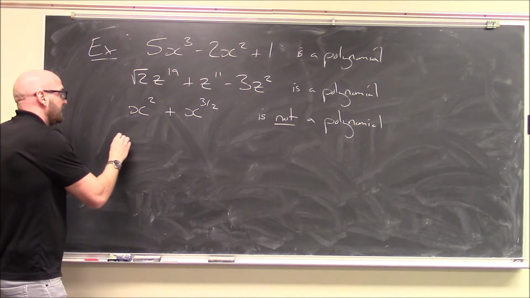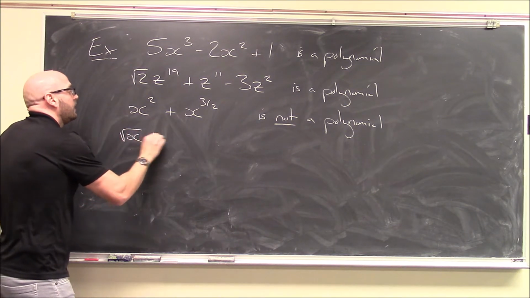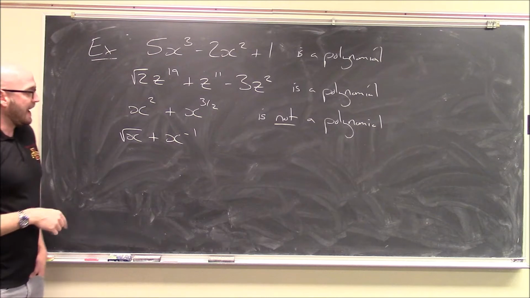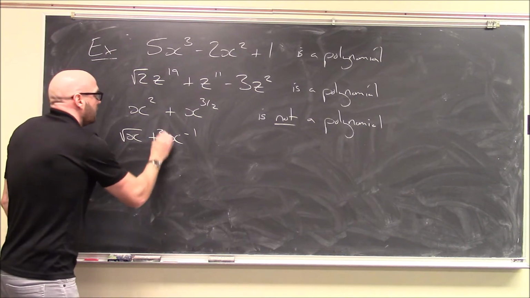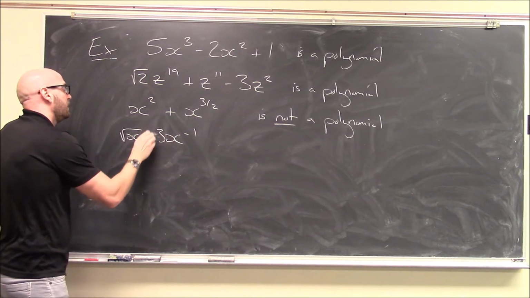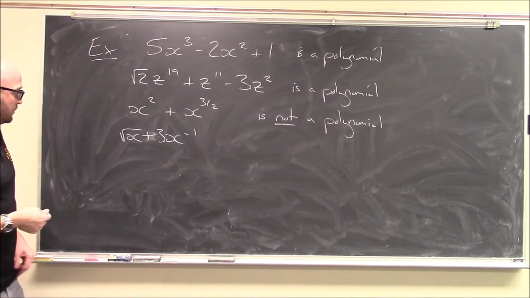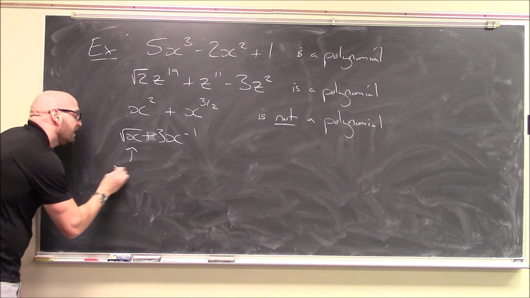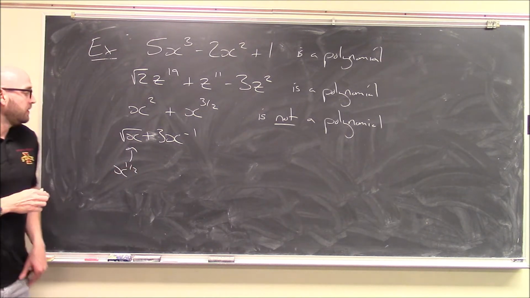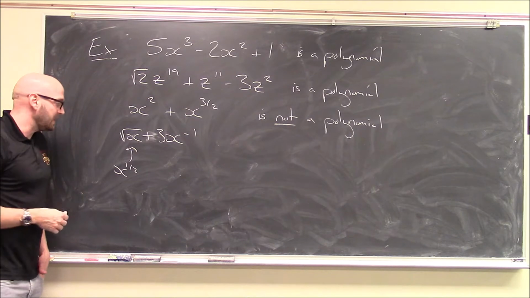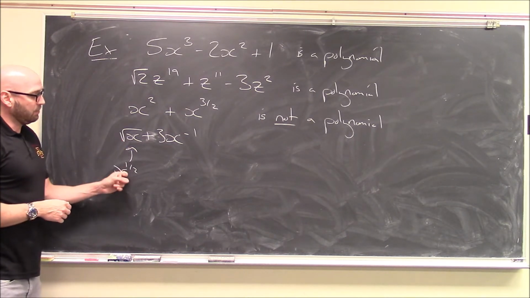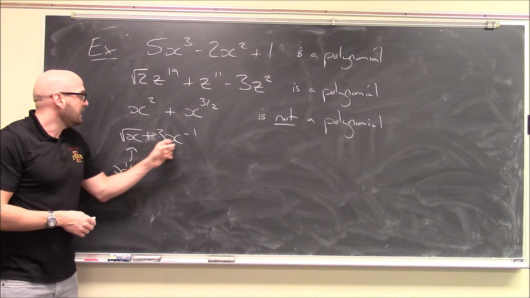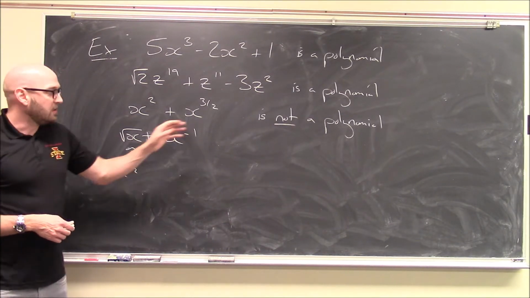Neither would something like this be. How about square root of x plus x to the minus 1? And both of these, let me throw a coefficient in here, 3 plus 3x to the minus 1, both of these break the rules, right? You might remember x to the 1/2, or sorry, square root of x, that is technically x to the 1/2. That's what 1/2 powers mean. We haven't talked about it yet. But square root of x breaks the exponentiation rules. And similarly here, nice coefficient 3, but my power of -1 is not allowed.